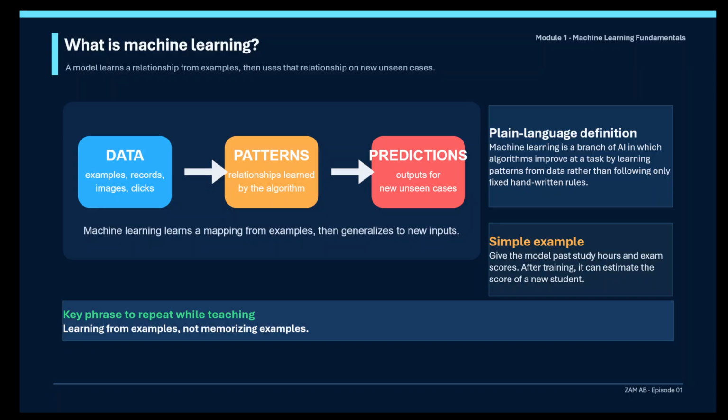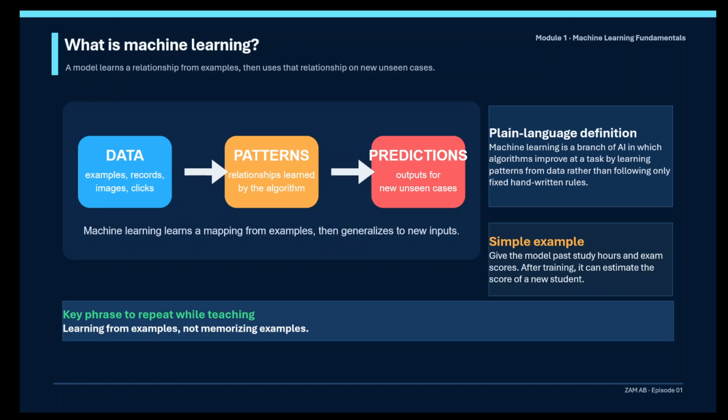And then it is capable of making predictions. Machine learning learns a mapping from examples, then generalizes to new inputs. So it is learning from the data, the mappings and patterns which are there, and then it can generalize those to new data, new inputs. So for new inputs, it will be able to predict and decide.